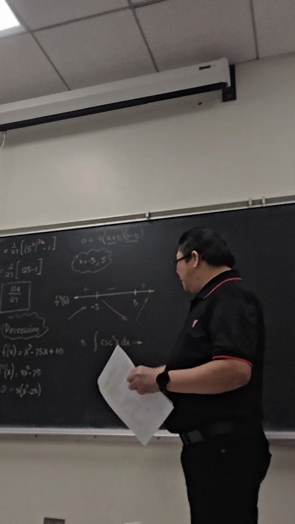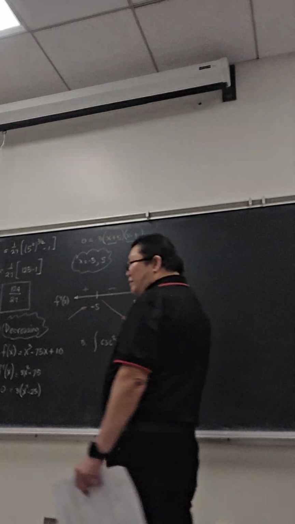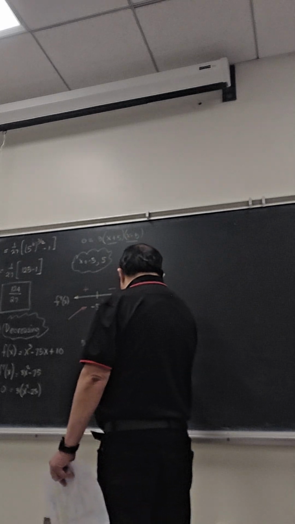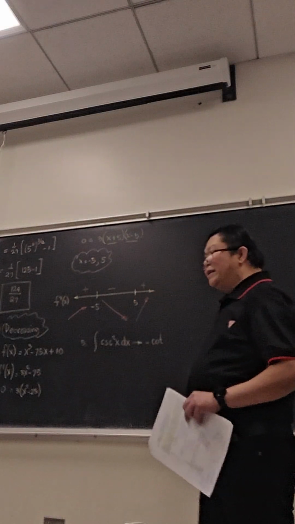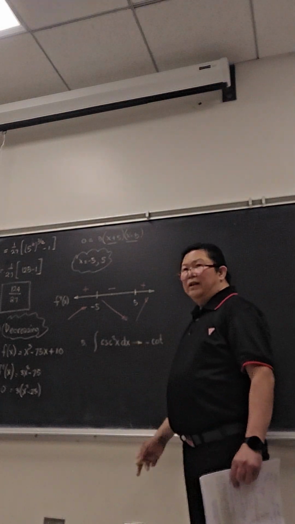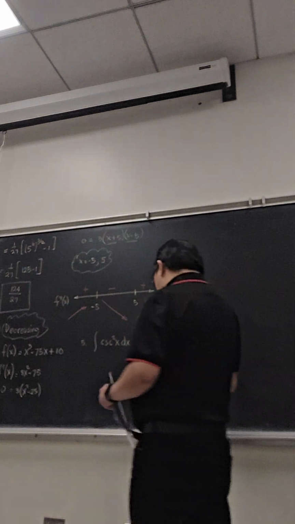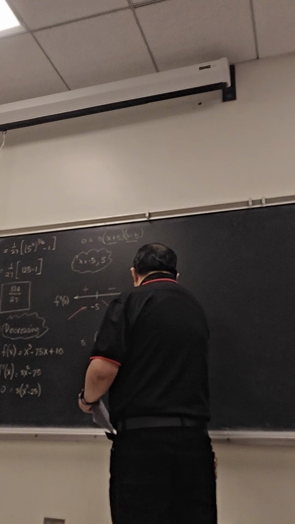Therefore, what is the antiderivative of cosecant squared? It must be negative cotangent x plus c. You always have to do plus c. Why? Because this is an indefinite integral. This has no limit. Okay? So negative cotangent x plus c. This is the answer.